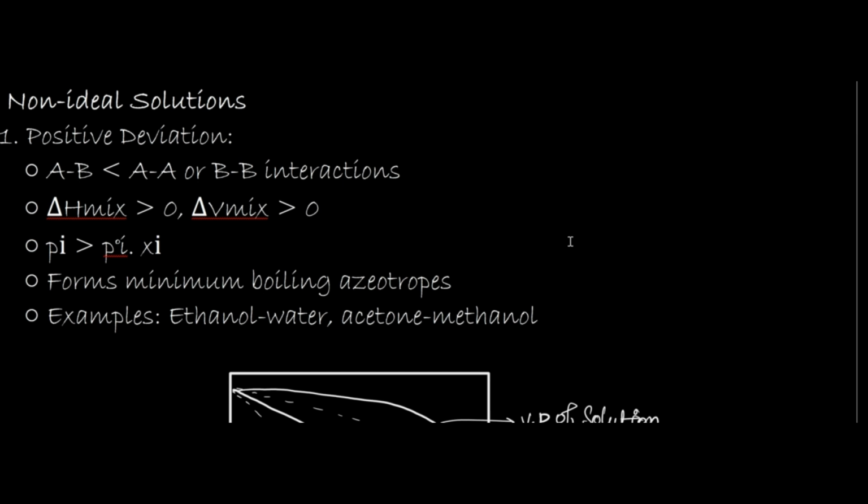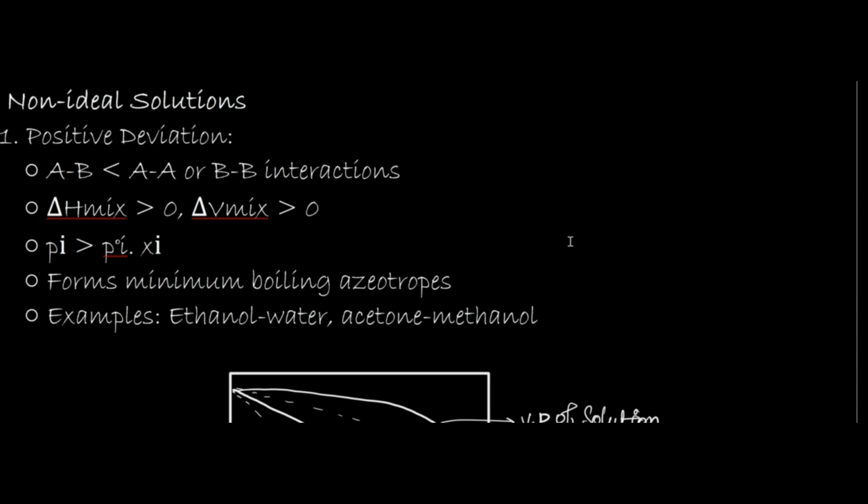Non-ideal solutions have two types of deviations, positive deviation and negative deviation. What is positive deviation? In case of ideal solution, we have AB interaction more or less equal to AA interaction or BB interaction.